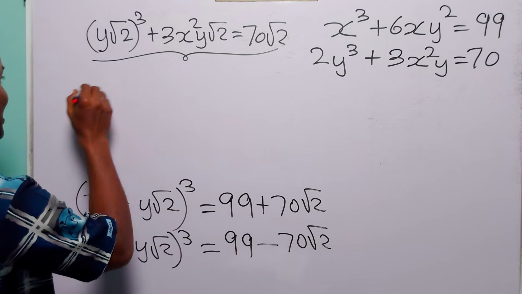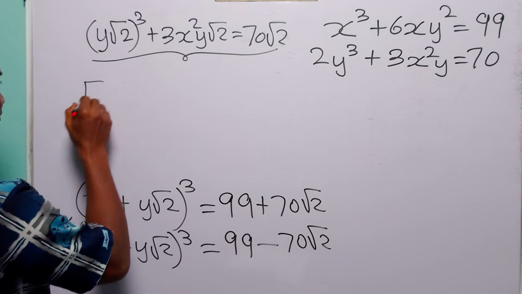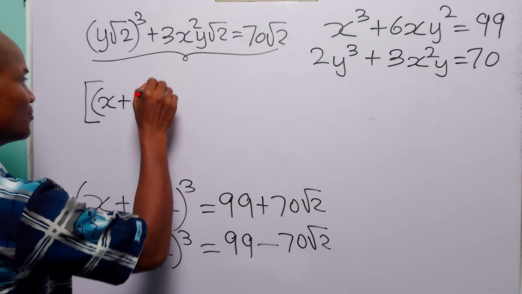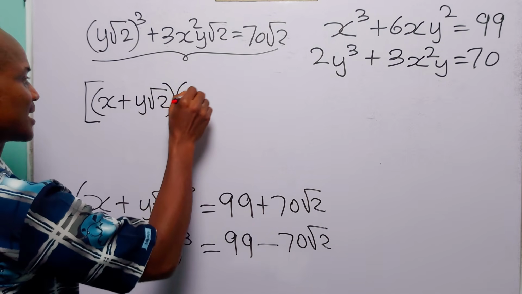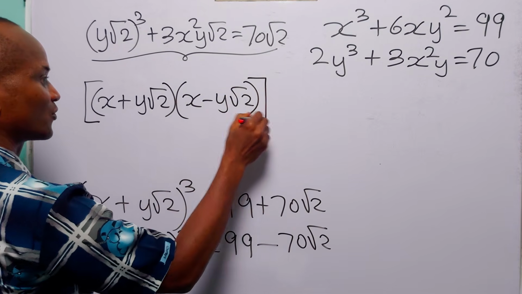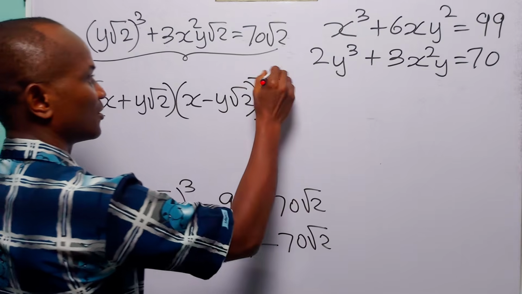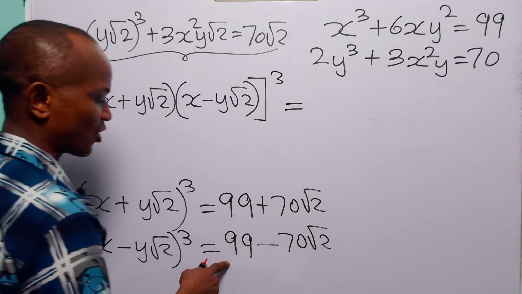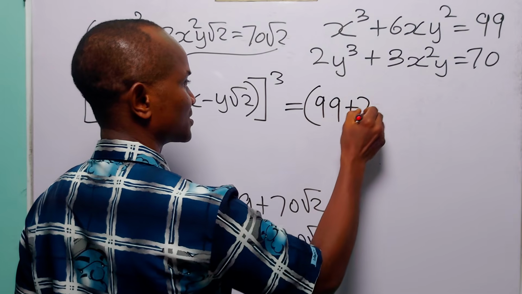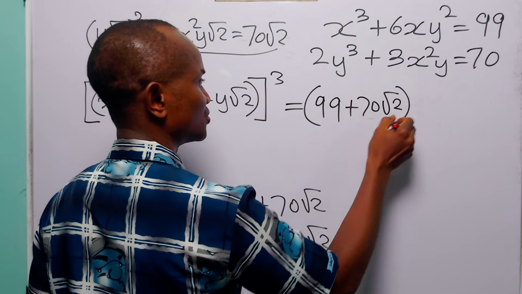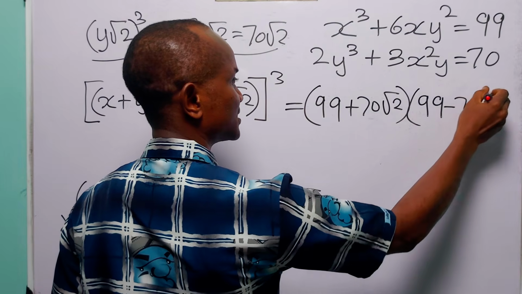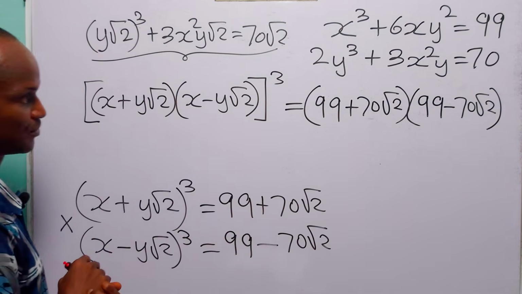When we do that, on the left hand side we have (x plus y root 2) times (x minus y root 2), and of course, both of these will be raised to power 3. And on the right hand side, we have (99 plus 70 root 2) times (99 minus 70 root 2).